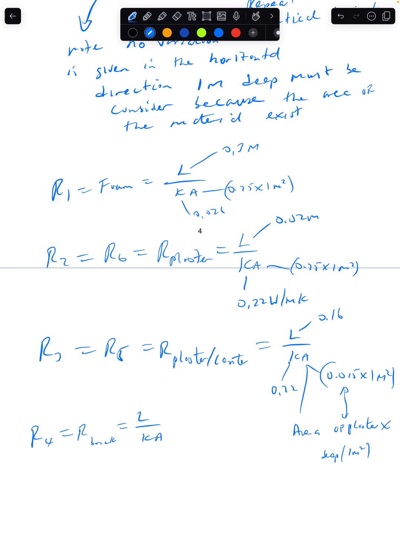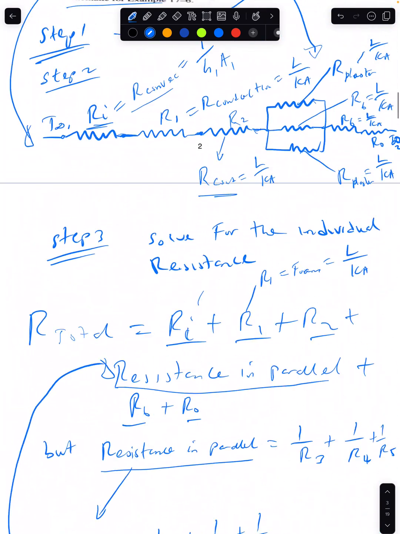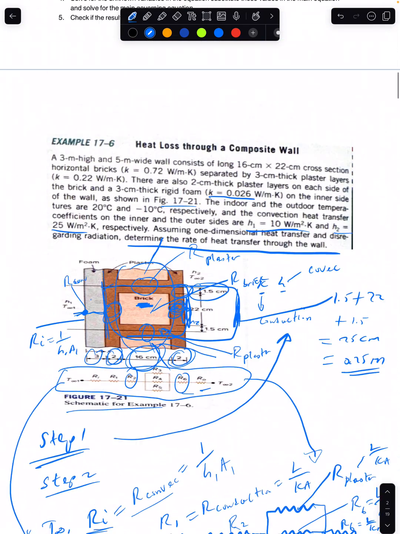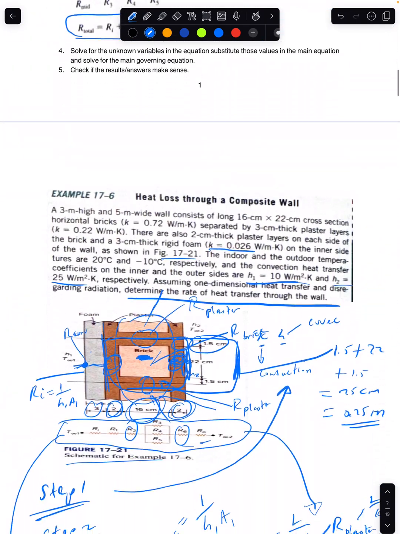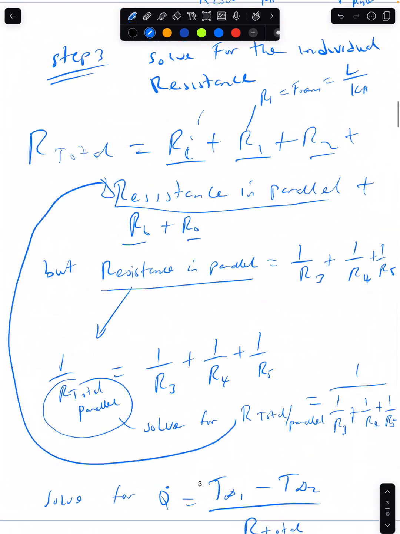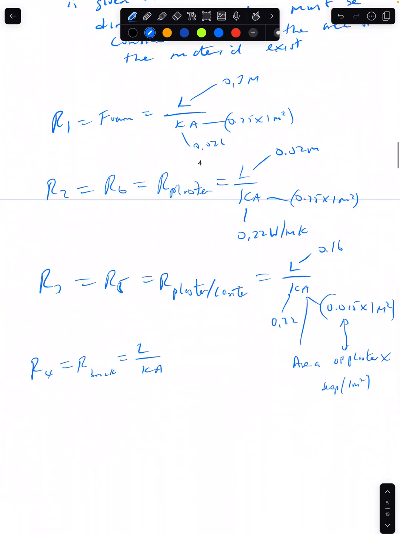For that section for the brick, we are going to have a length of 16, which is this. R4 gave us a brick which has a length of 16. So that is the length of the brick, which is 16. And if you convert that 16 to meter, we're going to have about 0.16 meter, and then it has its own area now.